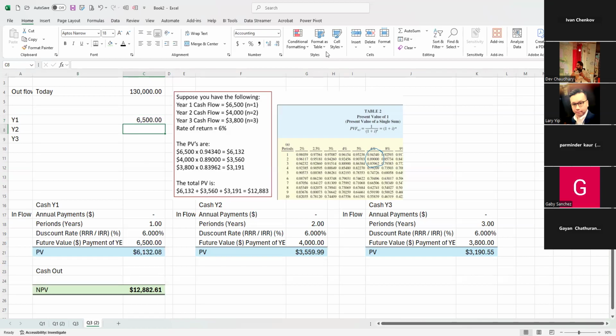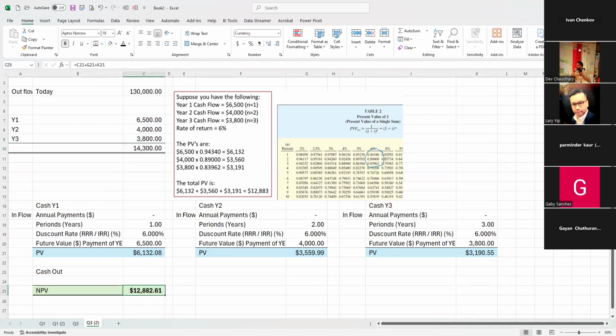Second year, I'm receiving 4,000, and the third year, 3,800. In total, we're receiving $14,300. So the value of those 14,300 today is only 12,882.61, if our discount rate, or the return that we want, is 6%.